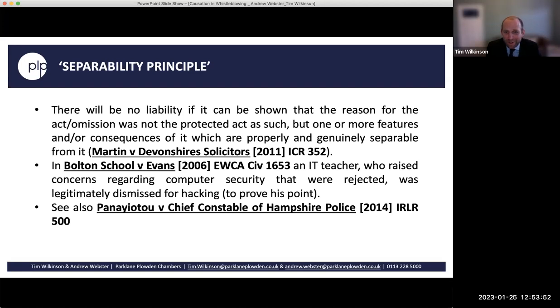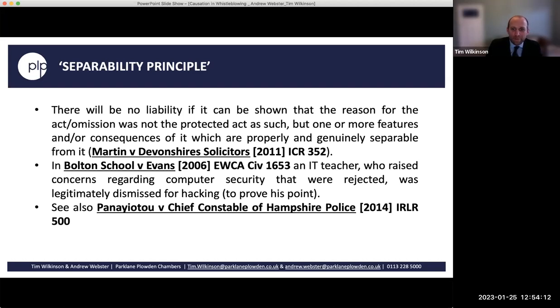Not surprisingly, Devonshire's didn't pursue the suggestion that it was made in bad faith or maliciously, but the problem was that the claimant continued to insist that those allegations were true, and eventually she was dismissed, ostensibly because there was a breakdown in the relationship between her and her employer.